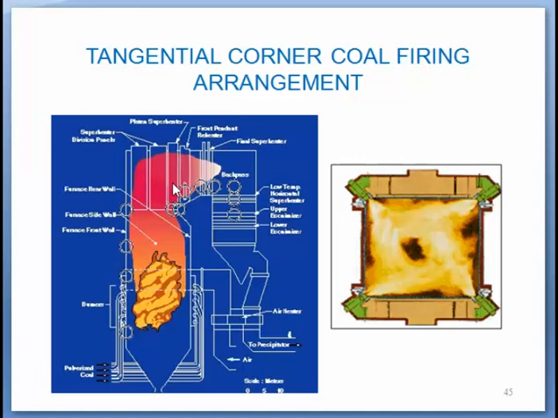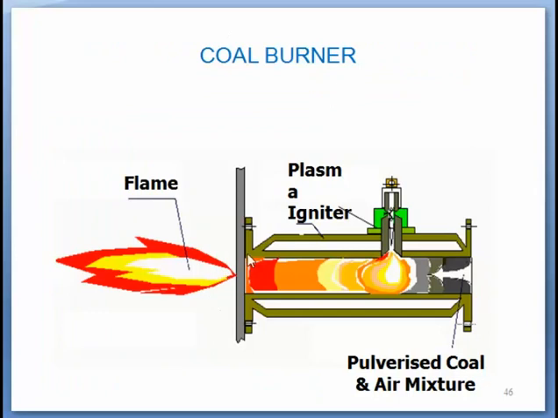And this flue gas further passes through LTSH, low temperature superheater, and economizer, finally through air preheater and ESP it goes out through chimney. The construction detail and arrangement of the pressure parts will be discussed in the coming classes in detail. This is a picture of coal burner.